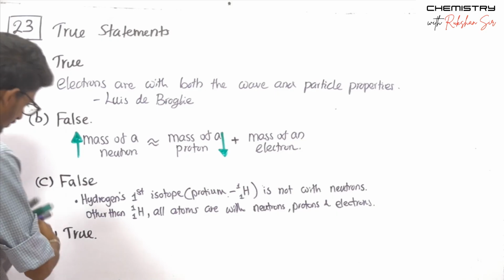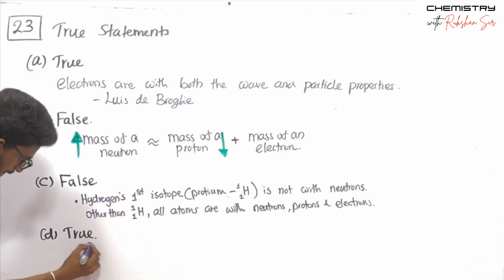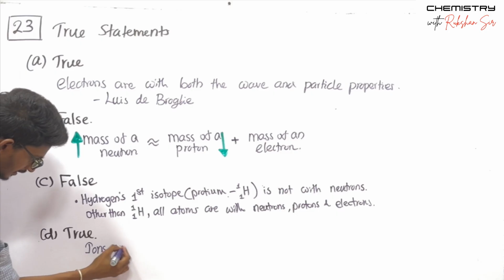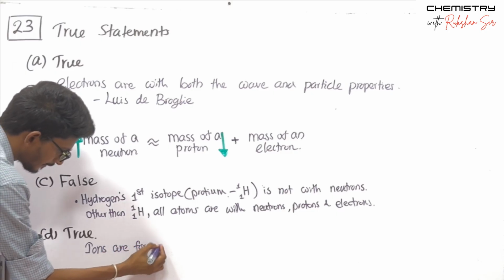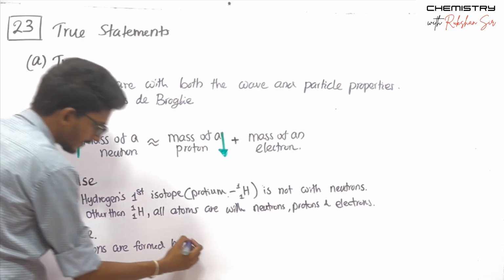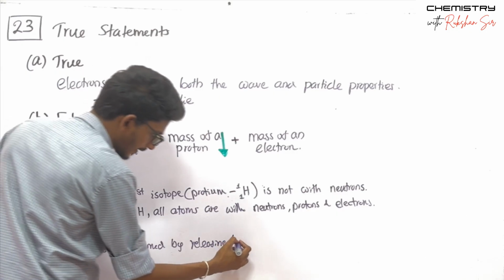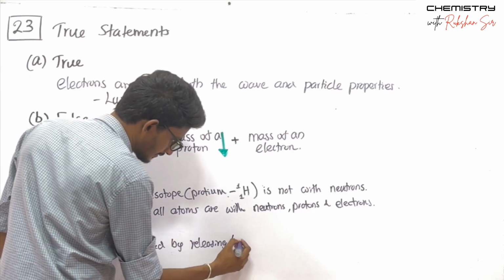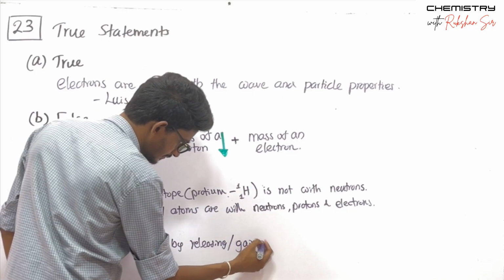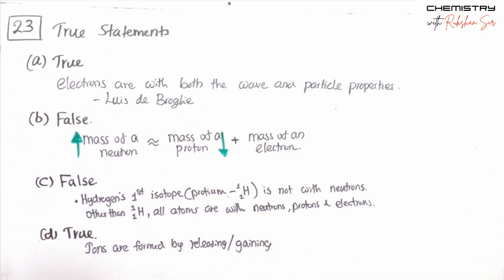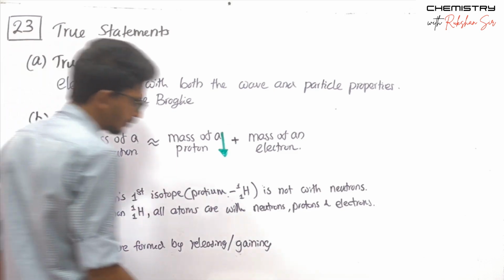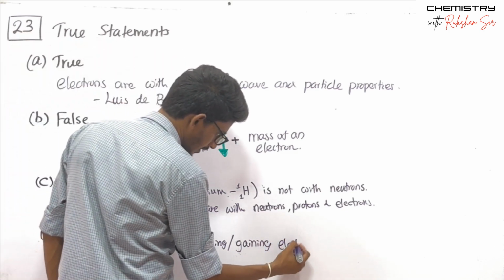So if you need a review: ions are formed by releasing or gaining electrons. Releasing electrons means positive ions, gaining electrons means negative ions.